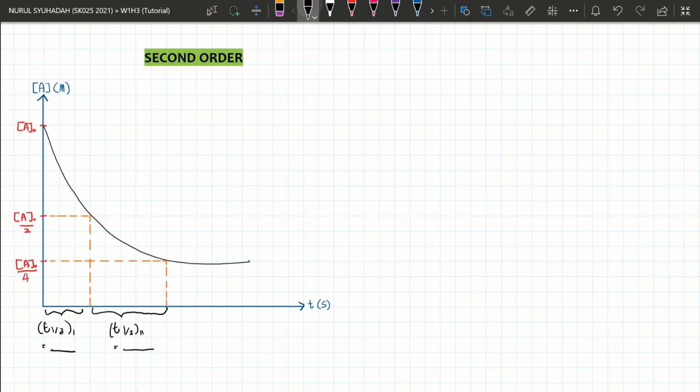So you will write it down as a conclusion, where the first T1/2 is smaller than the second T1/2.